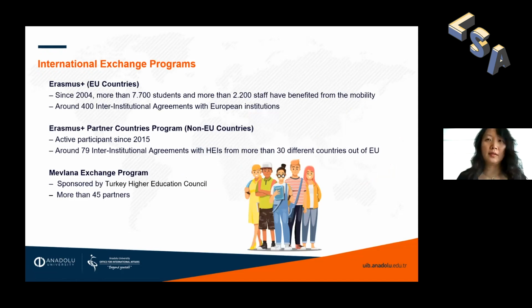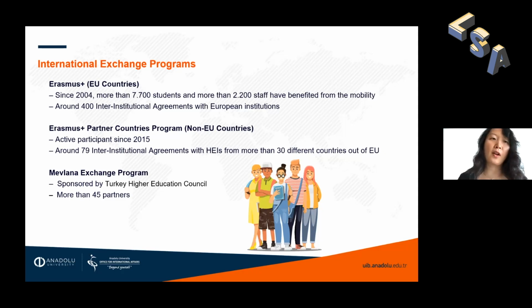Here at Anadolu University, our exchange students come from the following 3 exchange programs. As mentioned, one is with European countries. Since 2004, more than 7,700 students and more than 2,000 staff have benefited from this mobility, because we now have about 400 agreements with European universities.